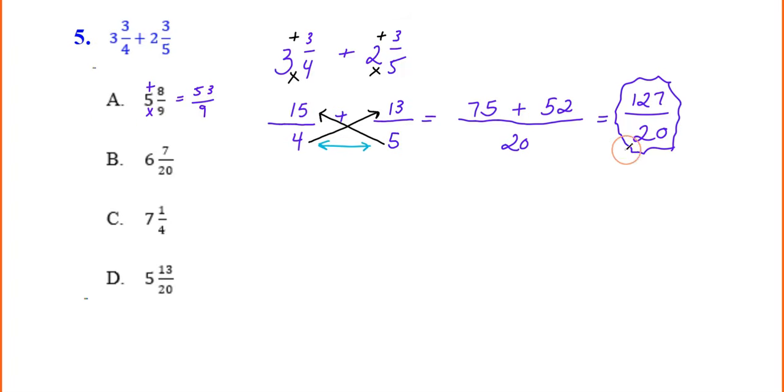That does not match up with this, so A is gone. Let's go to B. 20 times 6 plus 7. So let's see. 20 times 6 is 120. Plus 7 is 127. Over the 20 on the bottom. Just bring that over. And that matches up with this, and B is my answer.